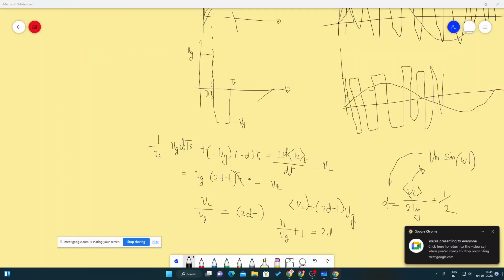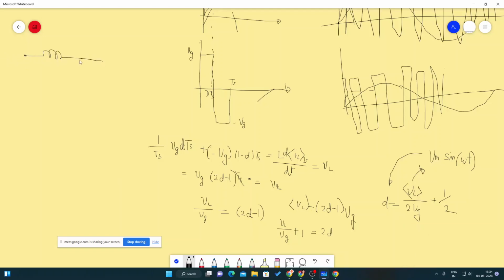So low pass filtering is basically, so this is the load. This is an LC low pass filter. Here you have an arbitrary voltage waveform V1. Let's say it is a square pulse waveform having something of this sort.